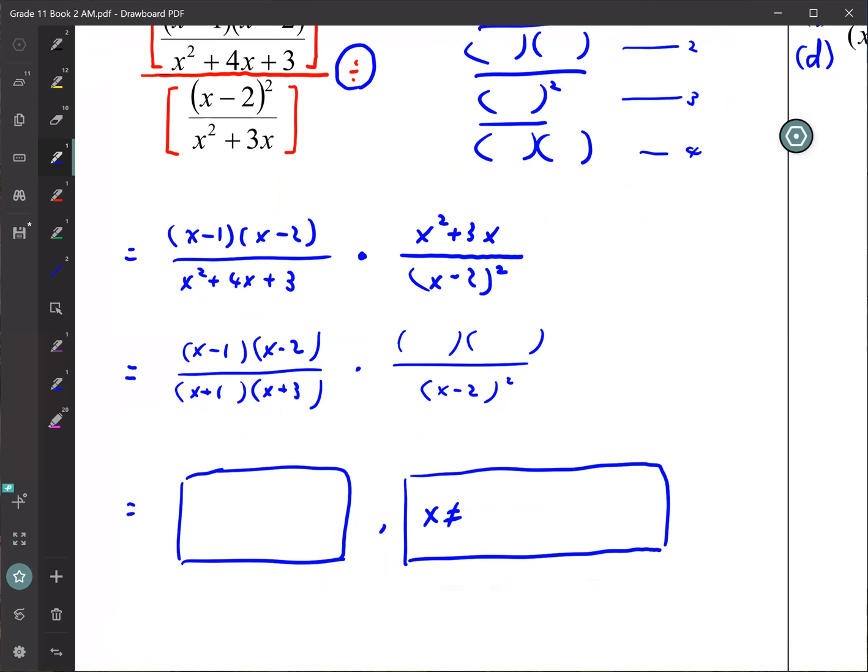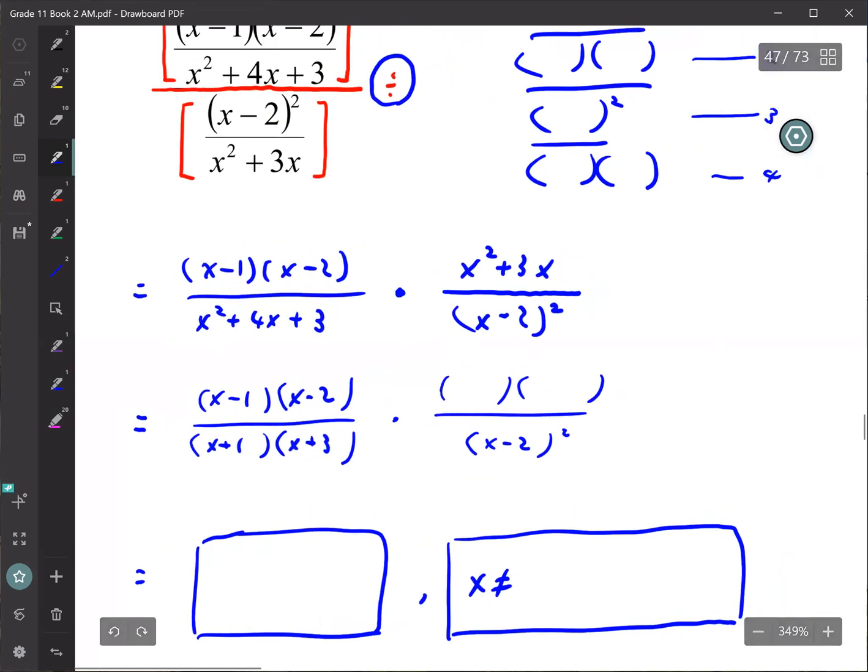And Nathan, do you have the factors for the numerator? I'm just, for the numerator, it says x squared plus 3x. How do you factor x squared plus 3x?